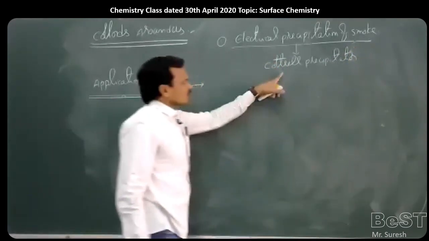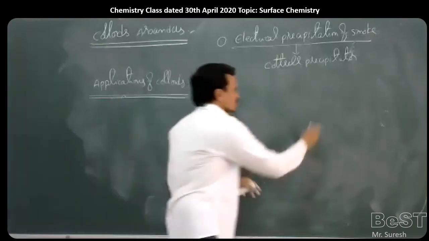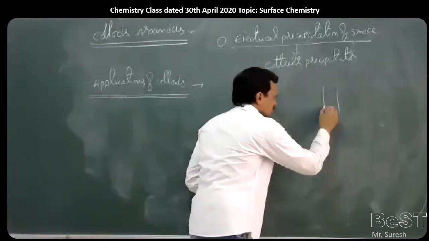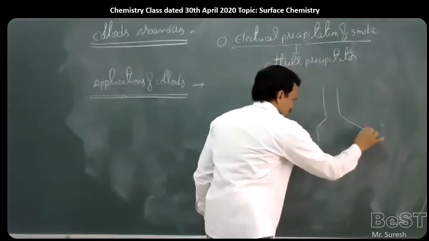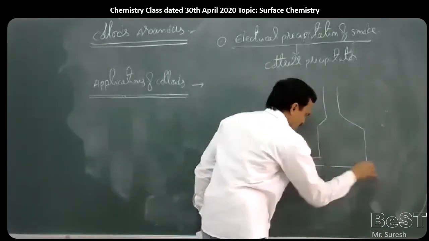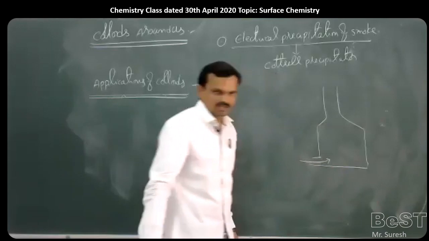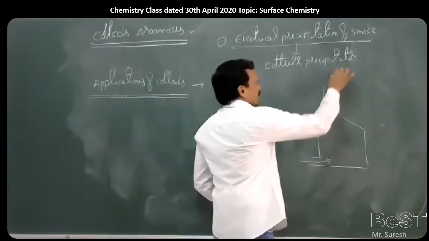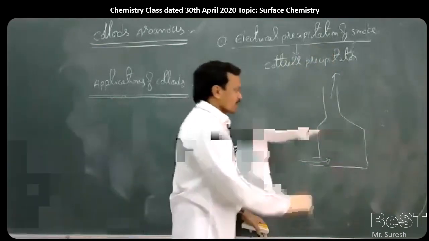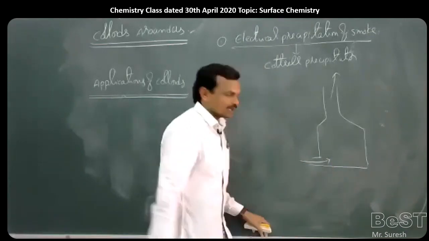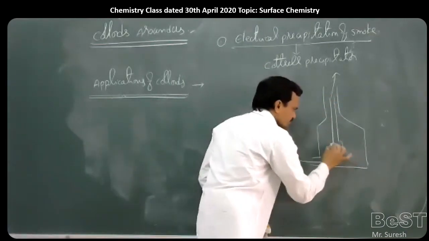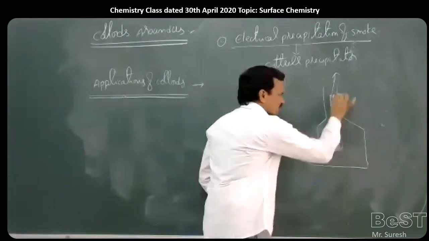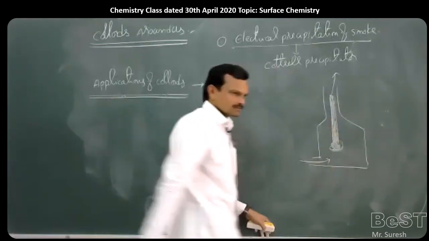This is generally used in industrial chimneys. If you take an industrial chimney, the waste gases coming from it could be released outside. But here, without releasing them directly, a series of electrodes are placed in the chimney.